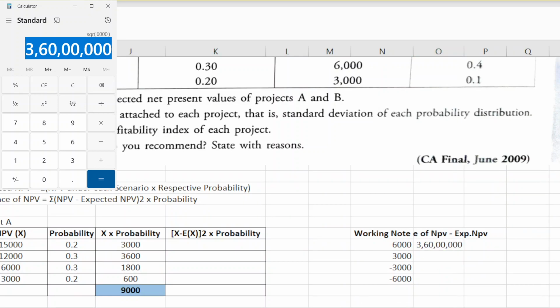Then the second one being 3,000. 3,000 square is 90 lakh.